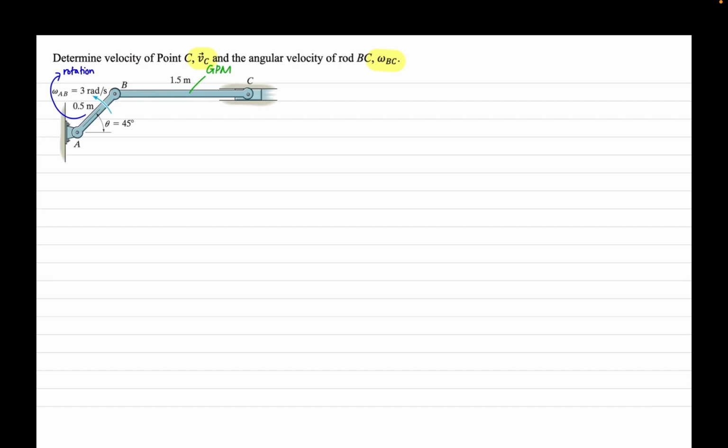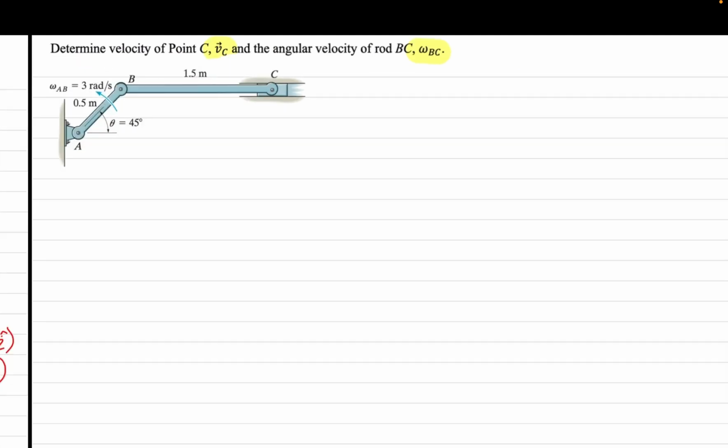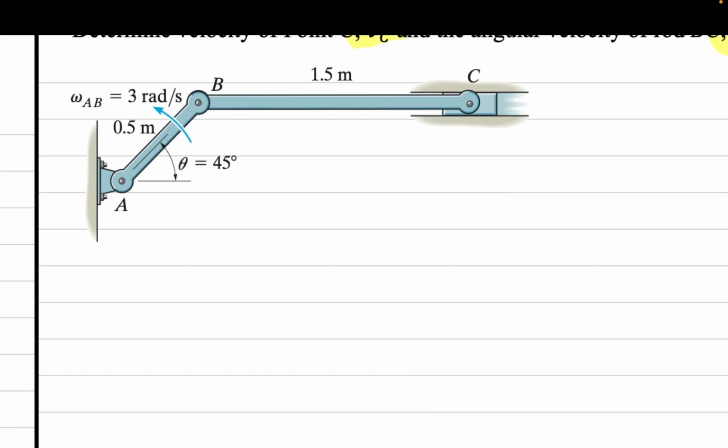The first one, we need to draw the position vector. As I mentioned earlier, the position vector, let me erase this first. The position vector for the first one will start from the fixed point, going from A to B. So this is the first position vector, and we can call this RB/A.